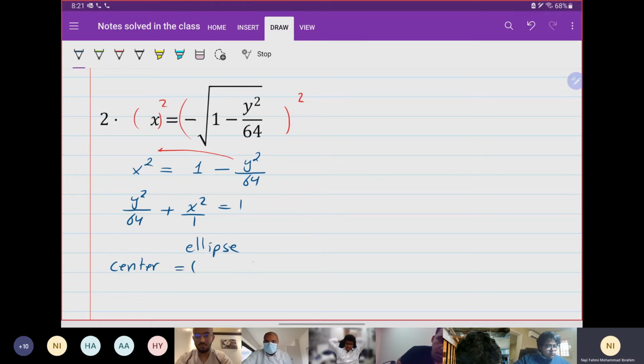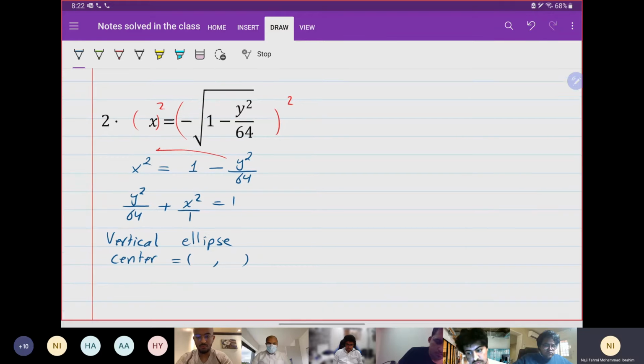Because 64 is under X or under Y? Under Y. So if it's under Y, it's vertical. If it's under X, it's horizontal. Okay?